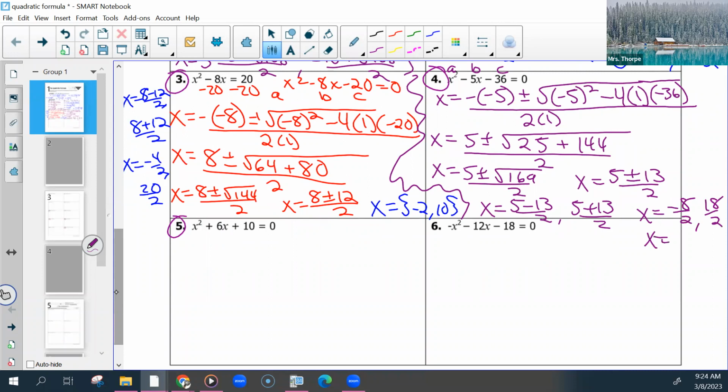So what would our solutions be? -8 divided by 2 and 18 divided by 2. -4 and 9.